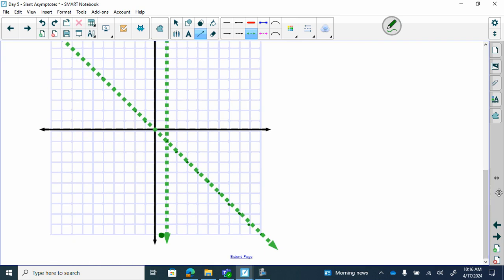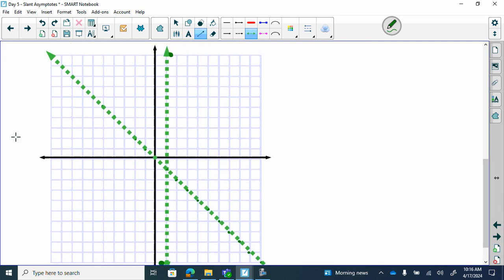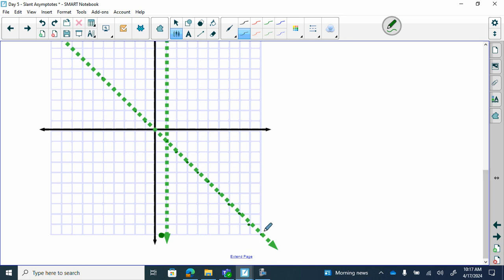Now here's what I know. I know that the further left I move, the closer I come to this dashed line. All right? And the further right I move, as x approaches positive infinity, the closer I get to this dashed line. I would likely have a scenario like so.